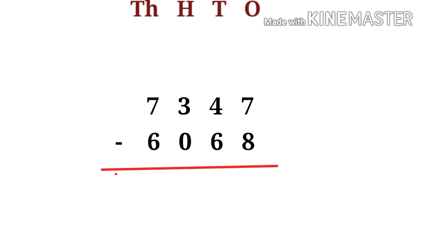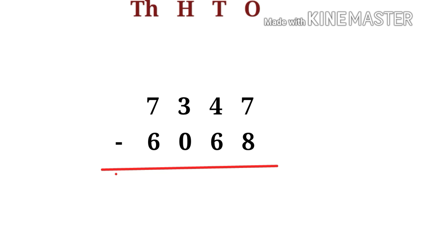See, children, always start from ones place. Here, ones place digits are 7 and 8. See, 7 is lesser than 8. So, we cannot subtract. So, borrow 1 from tens place.